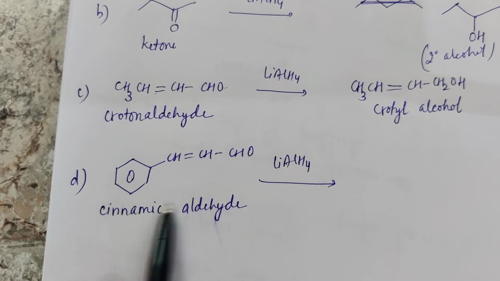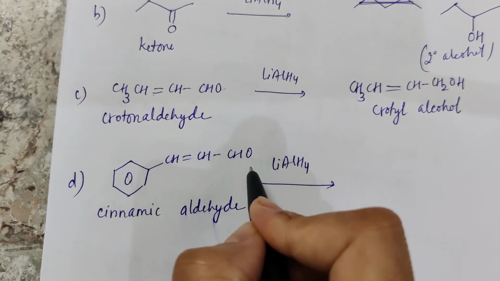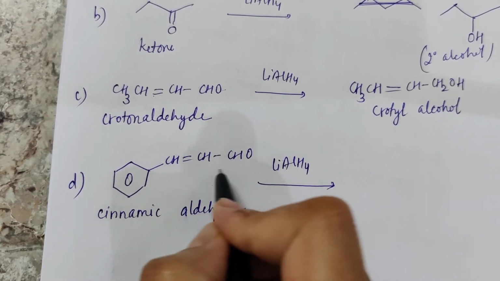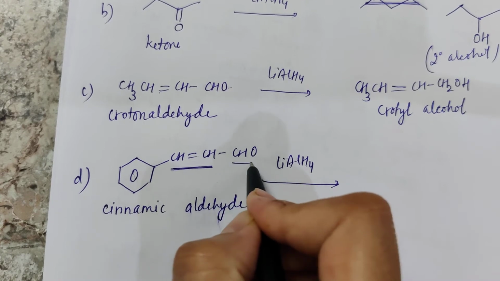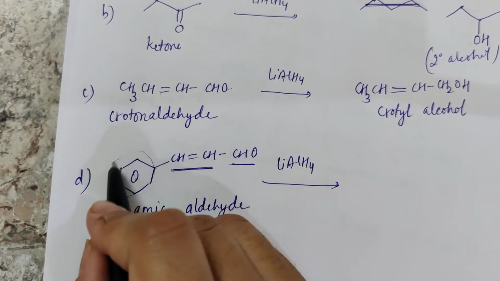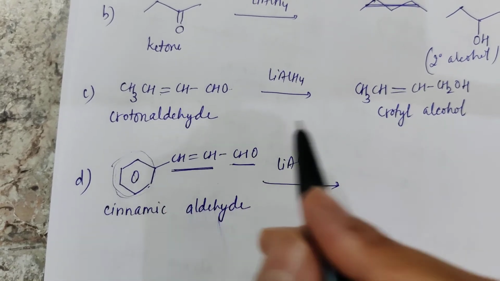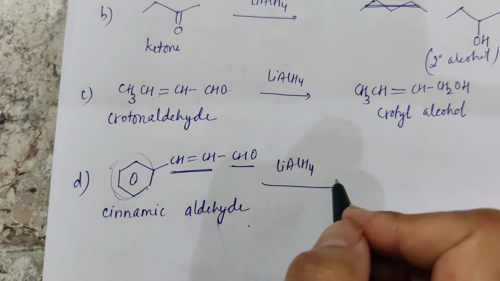Next is cinnamic aldehyde. In cinnamic aldehyde also we have a similar kind of conjugated double bond present along with the aldehyde, but there is further conjugation to the benzene ring, and there is a slightly different reaction shown by cinnamic aldehyde with lithium aluminum hydride.